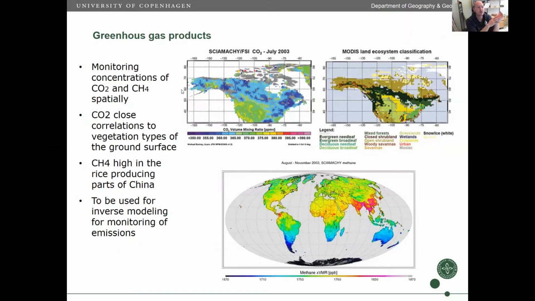Next, we have come to satellite products of greenhouse gases. These products are, of course, increasingly important for us when trying to monitor climate change.